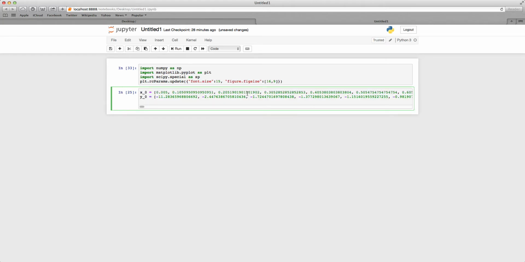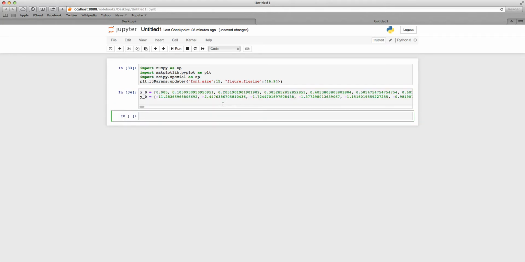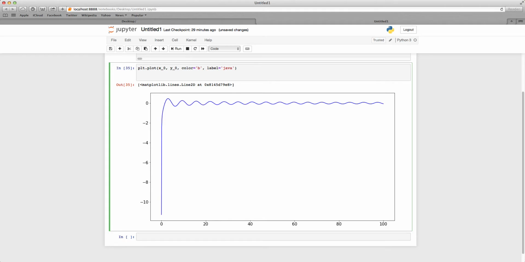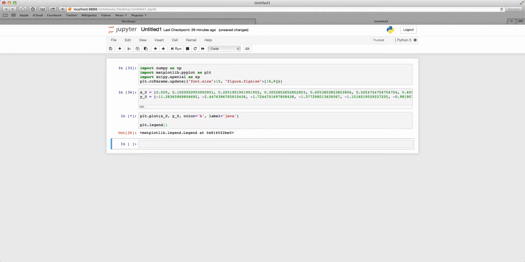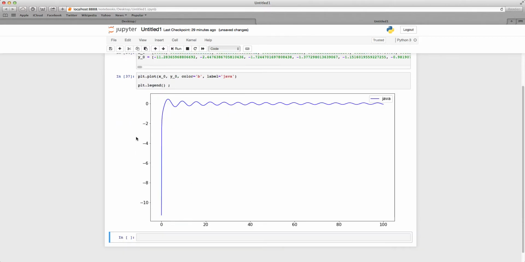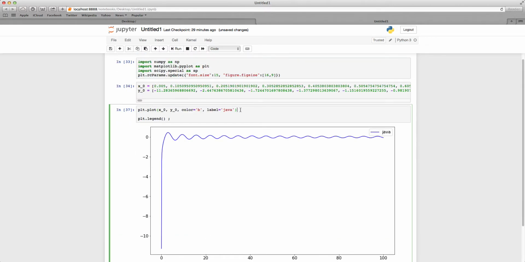And then paste the x and y values, and then plt plot x0 y0 color blue, and then label Java, all right? And plt legend, we're going to turn the legend on, okay? So this is our Java.